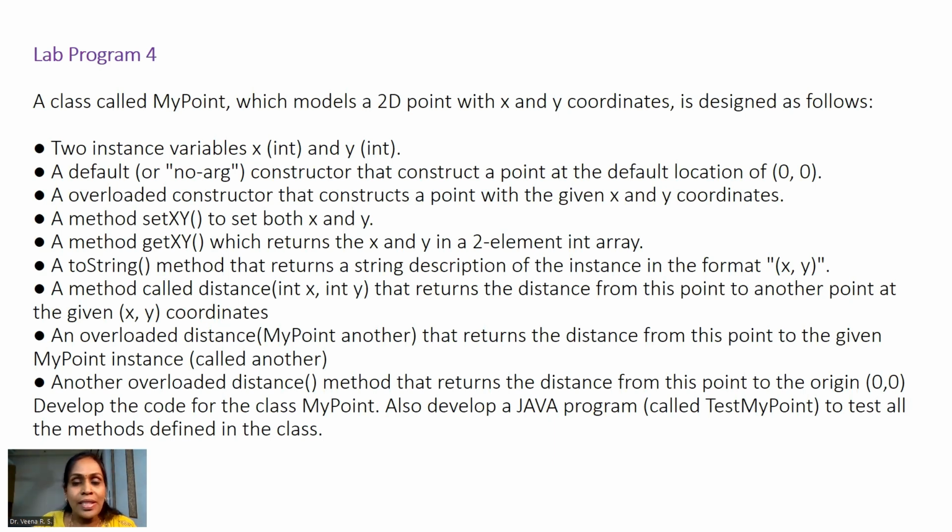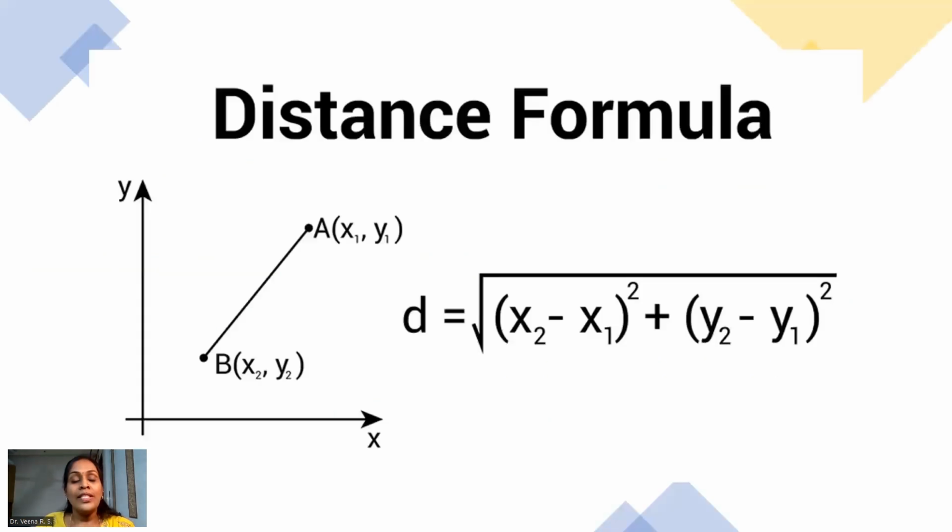To find the distance between 2 points, we first should understand the formula. After knowing the formula, we will be able to analyze the entire problem and write the program. When we say it is a 2D plane, that is X and Y axis, we have two different points shown in the given diagram, A and B. A is a point with the coordinates x1, y1, and B is a point with the coordinates x2, y2.